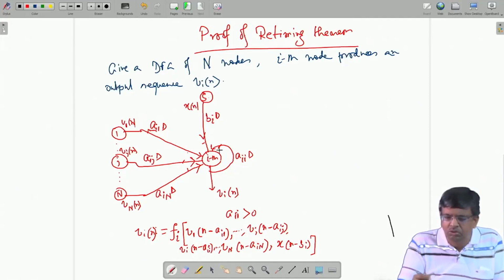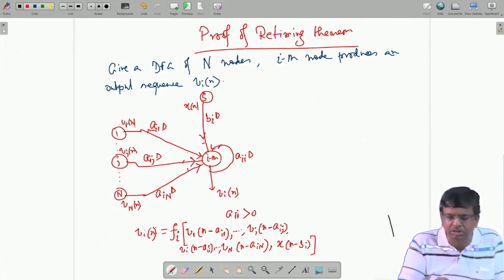Then what does this node do? It takes all the incoming information and does something and produces an output. What it does, there is a computation load, whatever you have done inside, that you know very well. So, I denote it by a function f_i dedicated to the ith node. It is a function of all the incoming components.